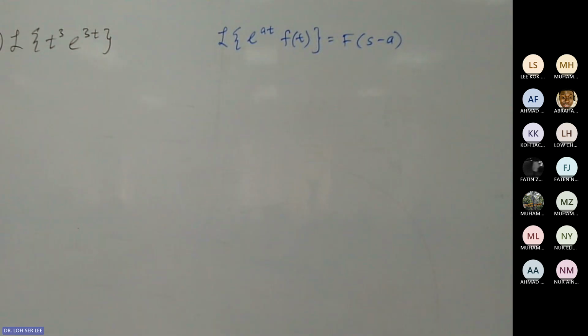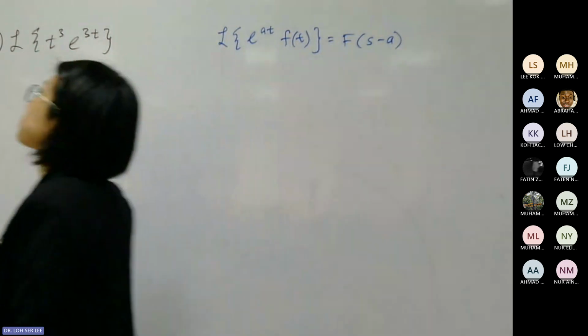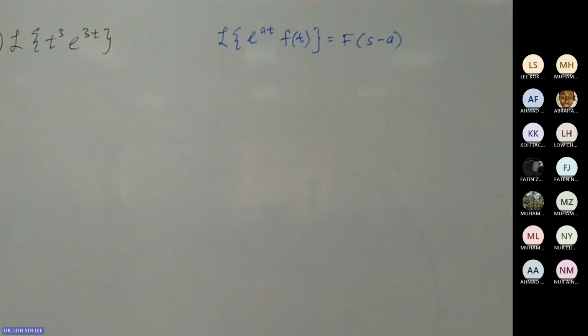Okay, this is the formula. So this formula will be included in your appendix as well. e^(at) f(t) will be F(s minus a), something like this.